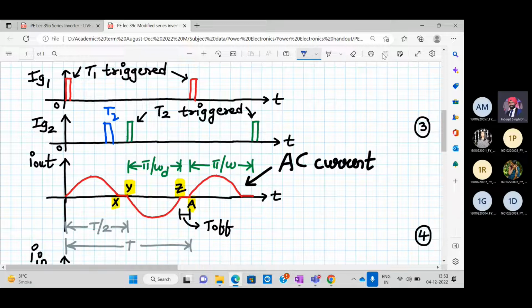In a basic series inverter, it will lead to a short circuit because both the SCRs are turning on simultaneously. This T1 won't turn off until it reaches point X. If you trigger T2 at this instant, your I out current is not 0, so it may not be less than holding current. That means your SCR is still on and you're turning on another SCR, which leads to a dead short circuit. That is the drawback we are addressing now.